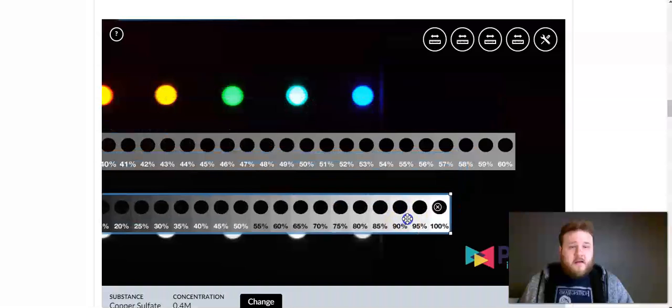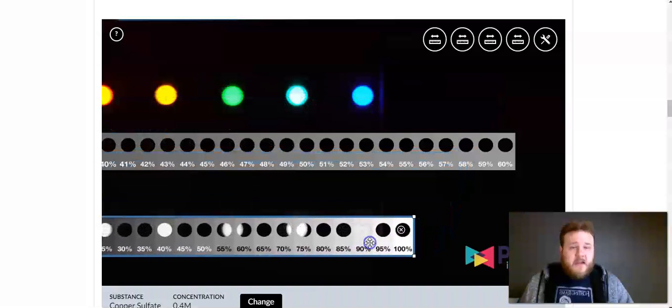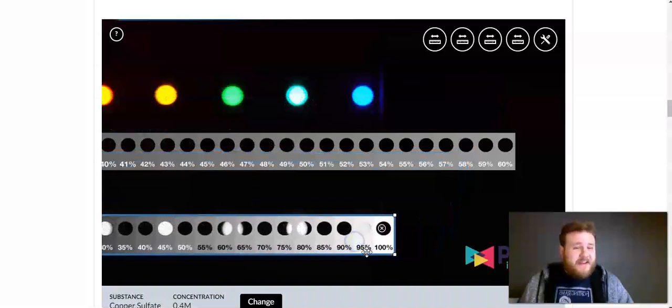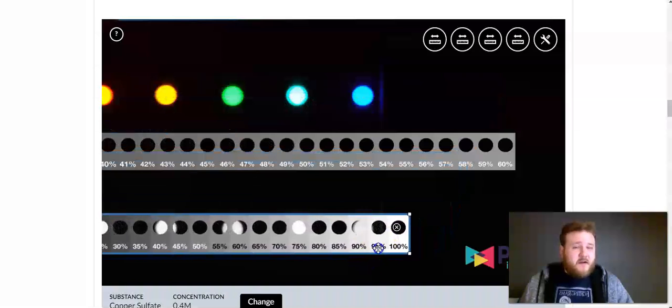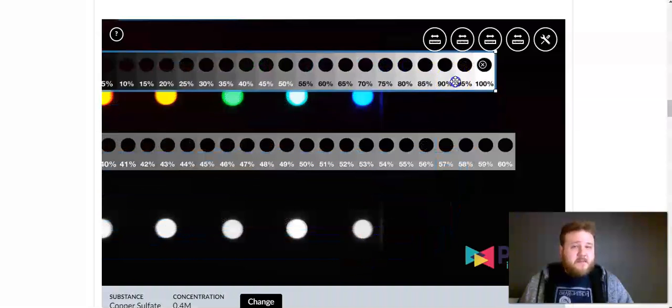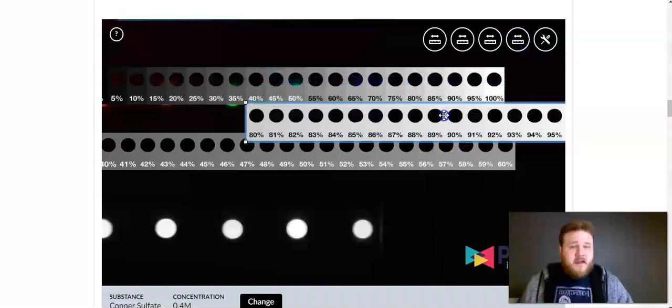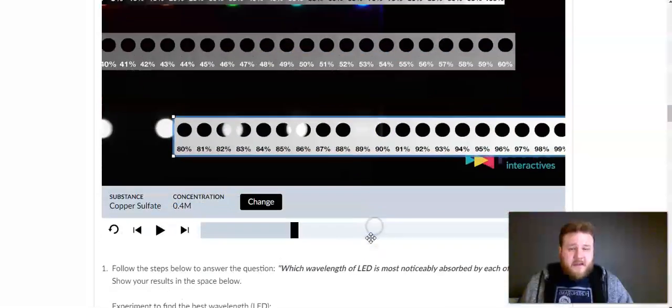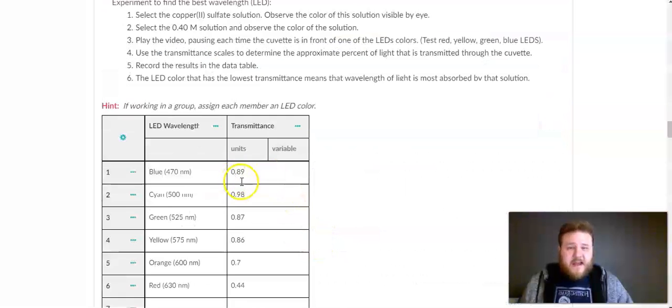The blue light, right, I'm matched up to 90%. When I'm at 95%, it's still a little too dark. But at 90%, it seems to match really well. And then I went a little bit further, and I think I decided that it was close to 89%. So I put 0.89 in the transmittance column.